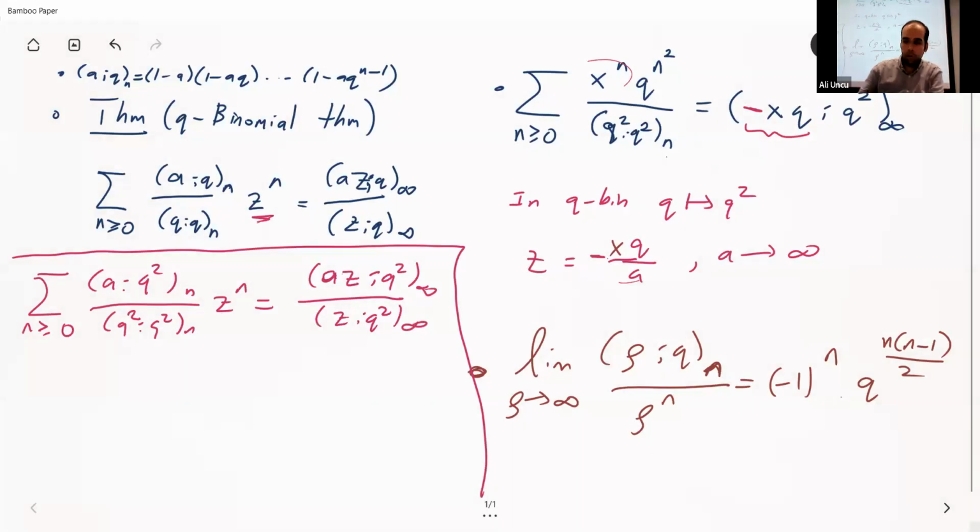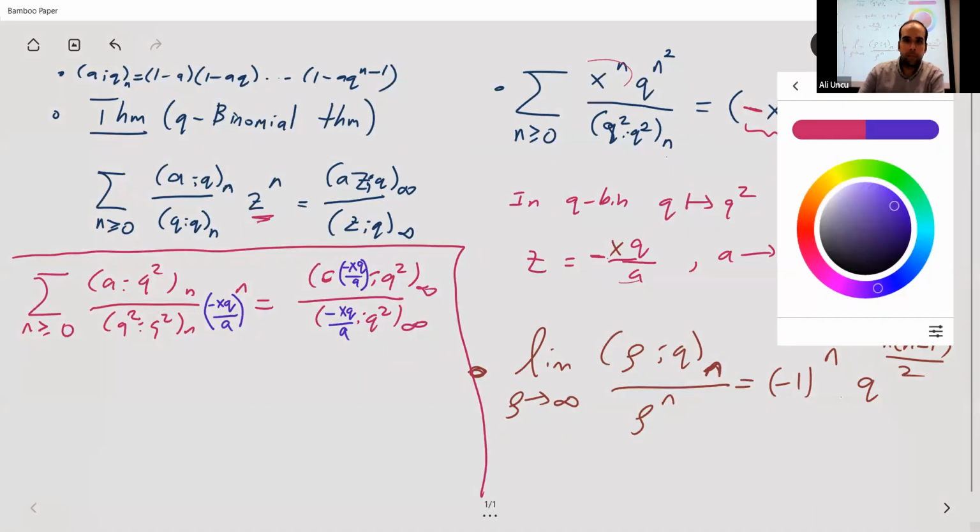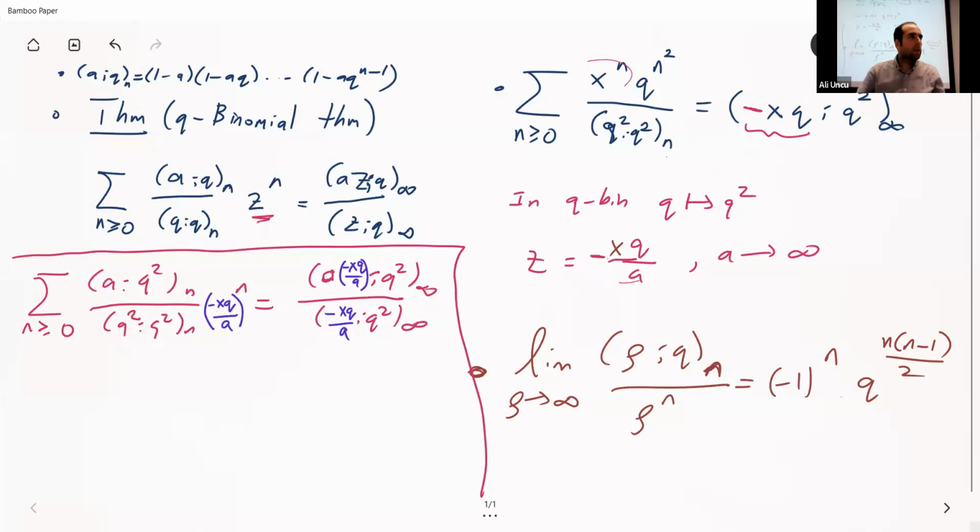If you don't mind, I want to do that here. So instead of this, I will write minus xq divided by a, right? Here again, I'll write minus xq divided by a. And here I will write that minus xq divided by a. Is that okay?